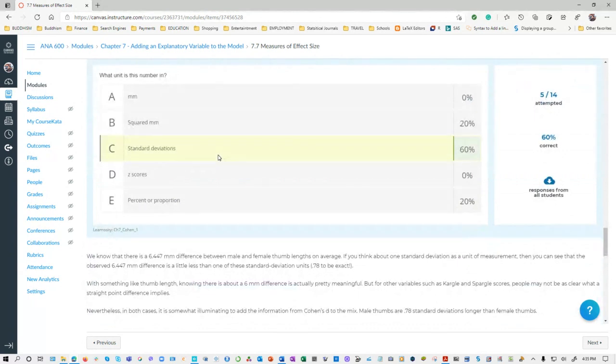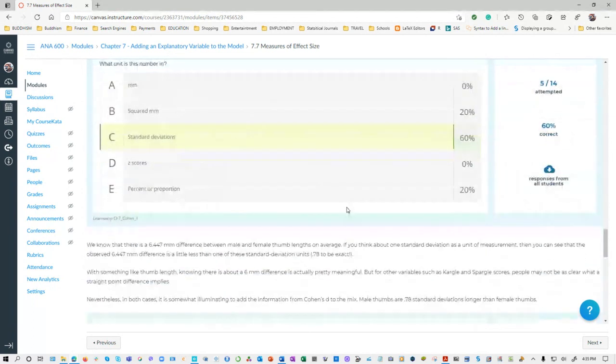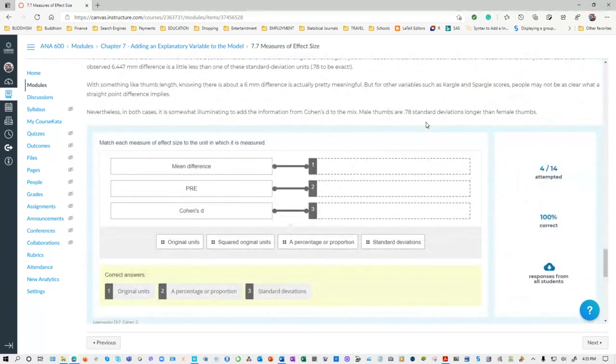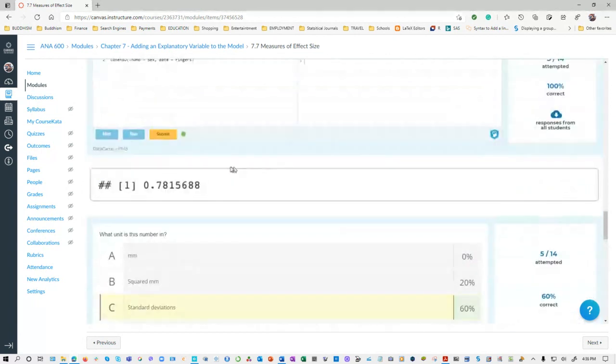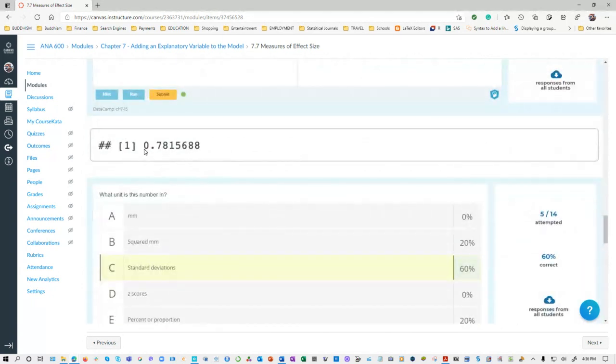The male thumbs' average length is 0.78 standard deviations longer, not millimeters. This has been given in terms of standard deviation, not the difference between their means.